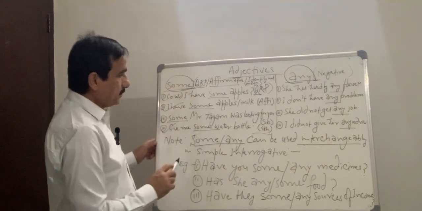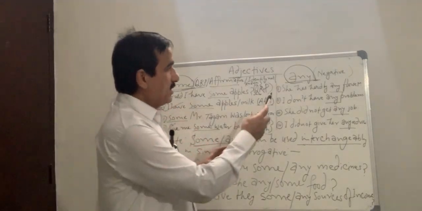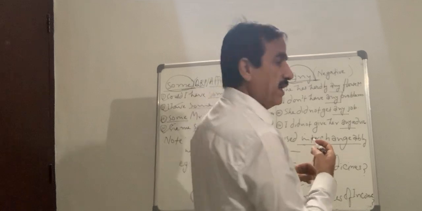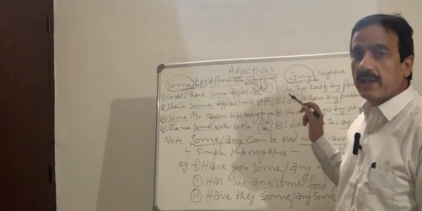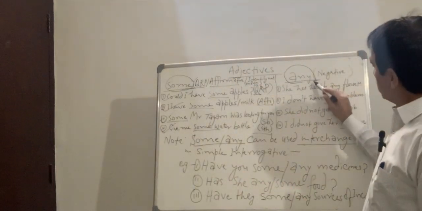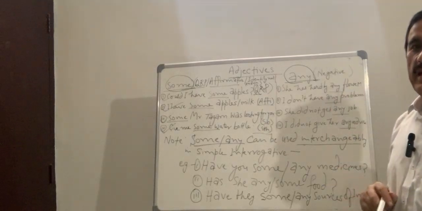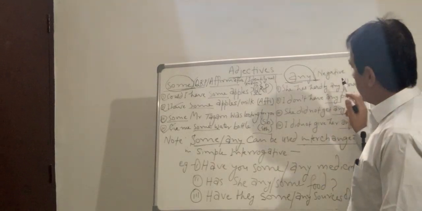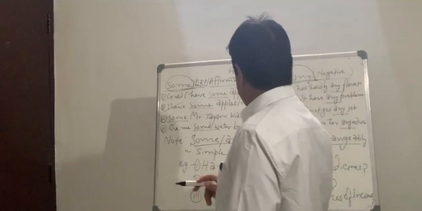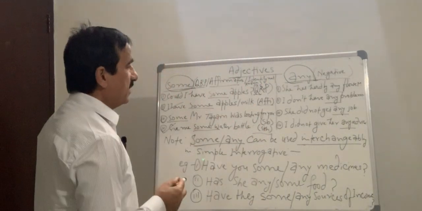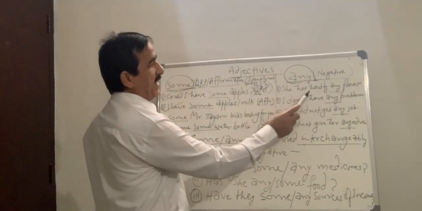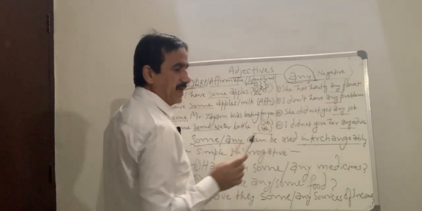Now look at the use of any. Any is used usually in negative sentences. For example, she has hardly any flour.